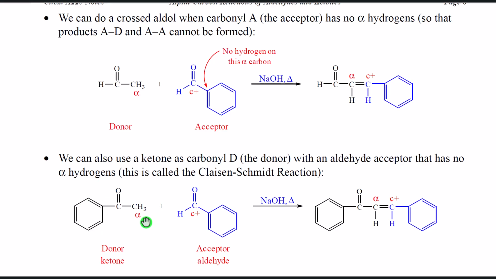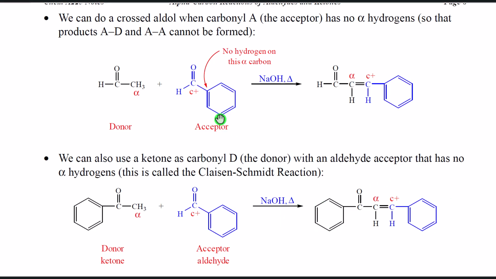This ketone was selected so that only one of the alpha carbons has hydrogens, so that we don't have to worry about kinetic versus thermodynamic. Here again is our benzaldehyde acceptor, which can't be deprotonated in the alpha position. The ketone will become deprotonated, it will attach to carbon plus, it will be dehydrated, and we will get this product.